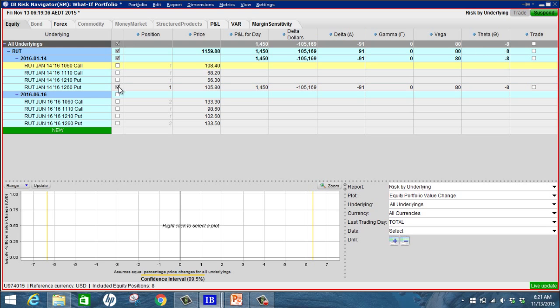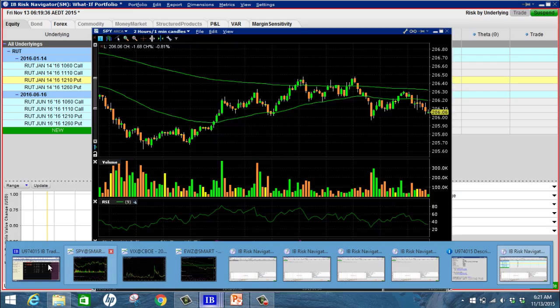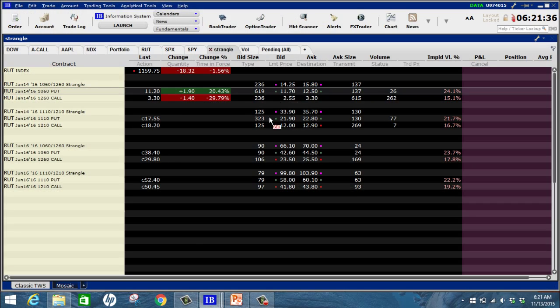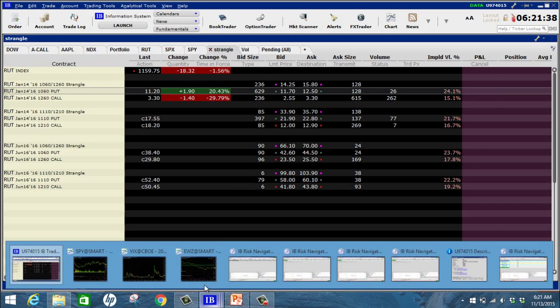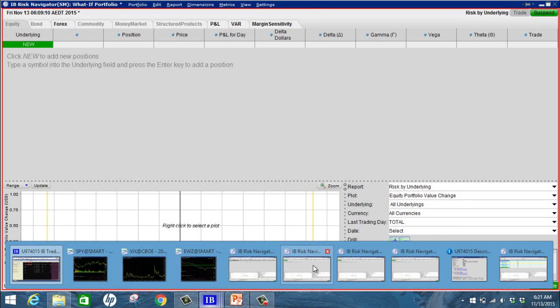If we compare that to the one that's a bit closer in, delta's a bit closer to 0, Vega's much higher, and Theta's a little bit higher as well because we're trading a bit closer to the money. Those prices look a bit off there. Yeah, something going on there, so I wouldn't pay too much attention to the prices there.